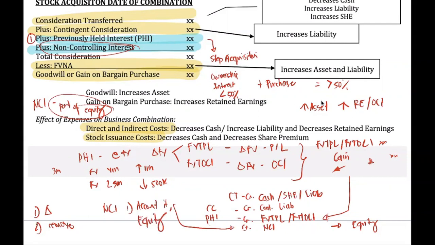Again, previously held interest in your stock acquisition date of combination, you will first account for the change and then remove it from the books. Next, on your NCI, you account for it in equity. So you'll credit NCI, it will be part of your equity. That is for stock acquisition on date of combination.